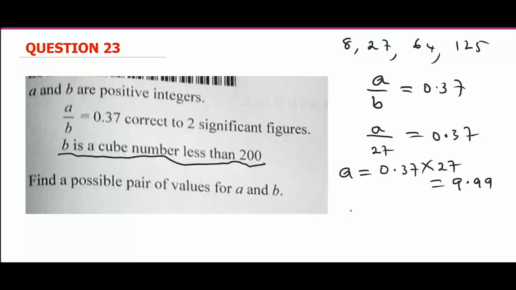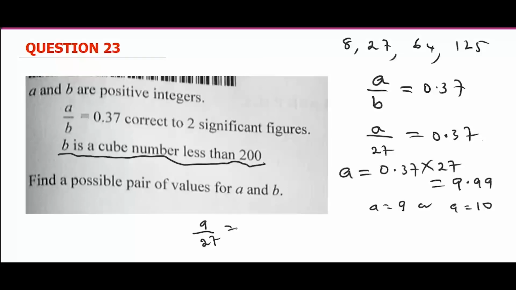So we can take A to be equal to 9 or A to be equal to 10 and check it with the value of B, which is 27. So let's see if it's going to give us 0.37 when rounded to 2 significant figures. So let's do the first one. When A is 9, we'll do 9 divided by 27.